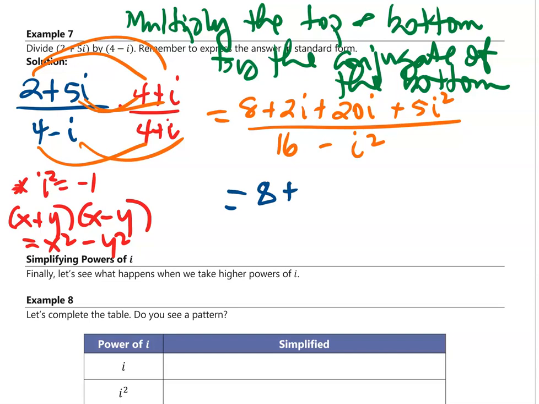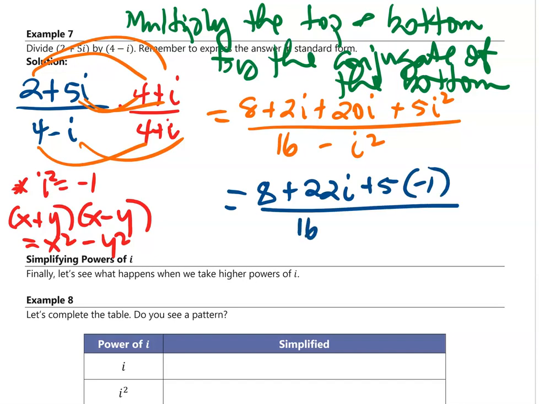2i plus 20i is 22i, plus 5 times negative 1, all over 16 minus i squared, again is negative 1, so minus negative 1. So what is this equal to? 5 times negative 1 is negative 5. 8 plus 5 times negative 1, so 8 minus 5 is 3, plus 22i. 16 minus negative 1 is 17.